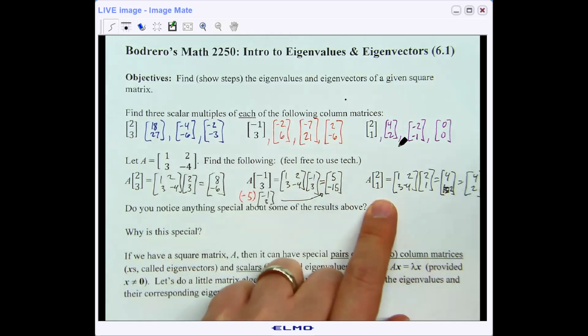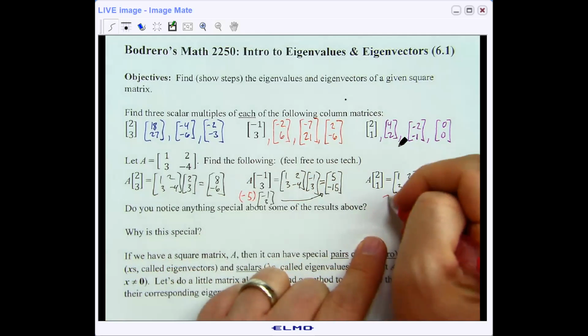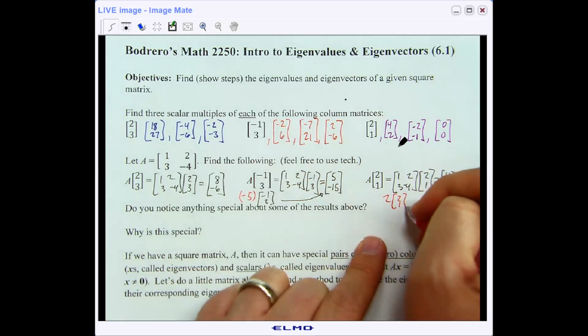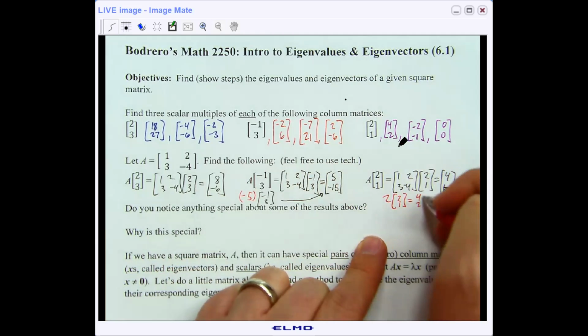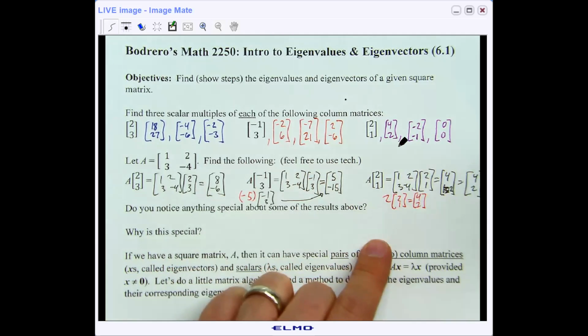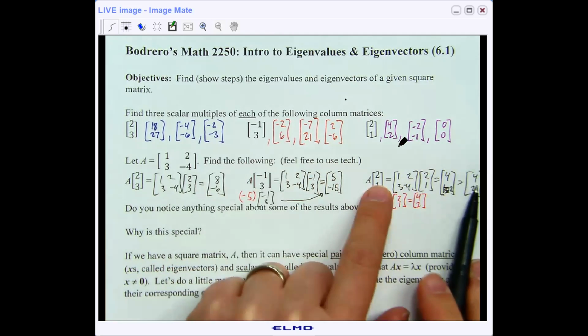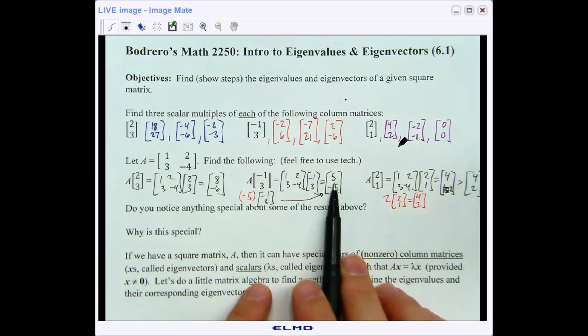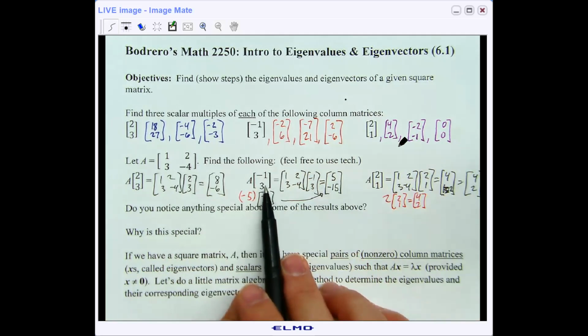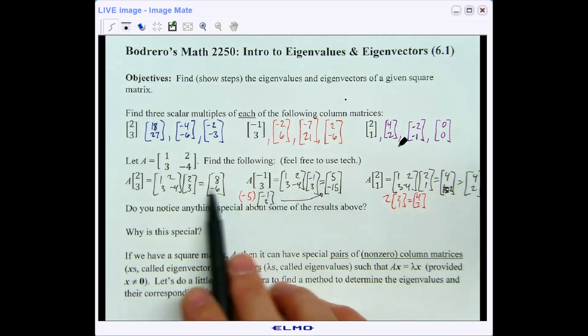And if you notice here, if I do 2 times the vector 2, 1, I get the vector 4, 2. So in this one, the output was a scalar multiple of the input. And here it wasn't.